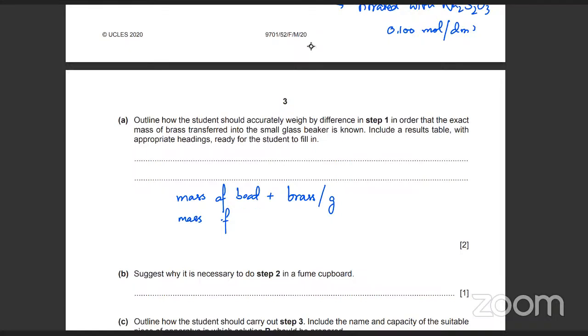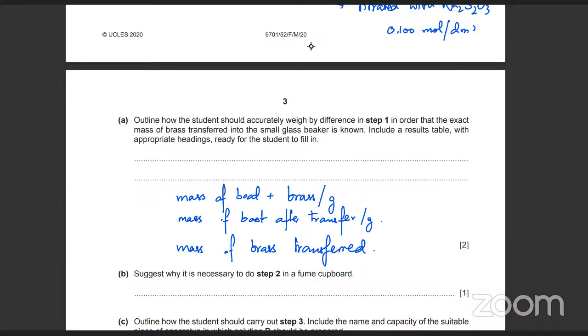Okay, so once you've used your brass, it's the mass of empty boat basically, after you've transferred it, or residual. So once you have transferred all the brass into this other beaker, you're going to take a difference, which is the mass of brass that is transferred.